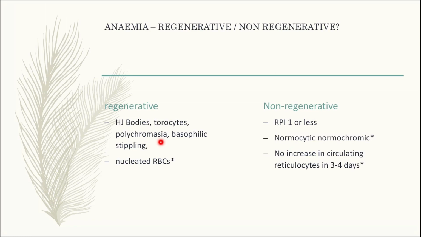Polychromasia is nothing but immature RBCs that are released from bone marrow. They are not pink in color. Usually RBCs are pink in color, but they have a mild tint of blue in them. That's why they are called polychromatophilic erythrocytes, and they are usually a little larger in size.